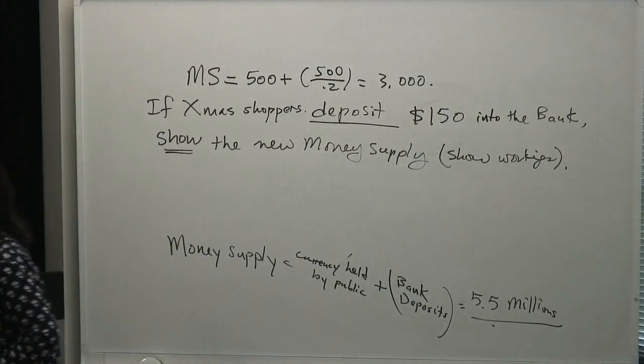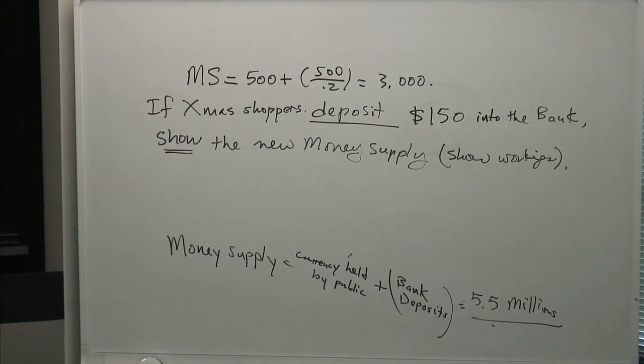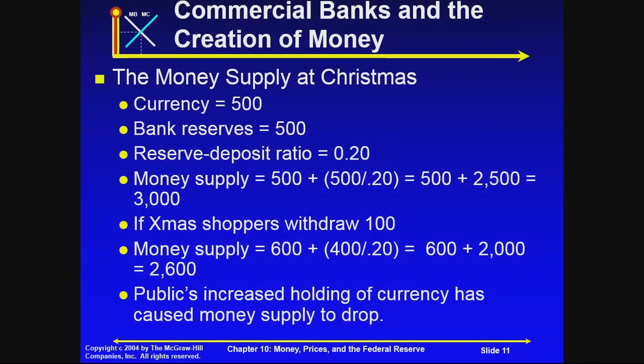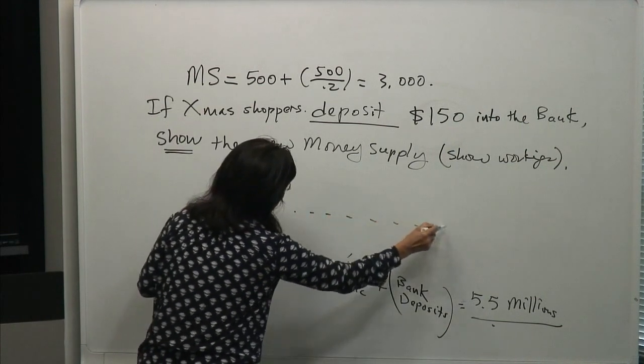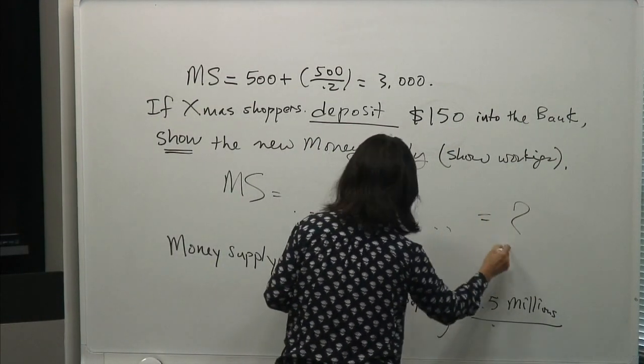You could ask me to clarify the question, because if you listen to me carefully, you know what I'm talking about here. So your beginning equation should be one like that. You could copy this down, and then we ask, if Christmas shopper deposits 150 into the bank, show the new money supply. So in other words, you show it like this.